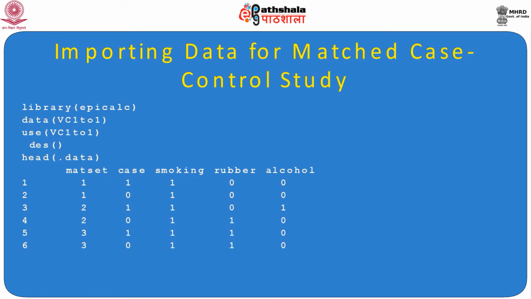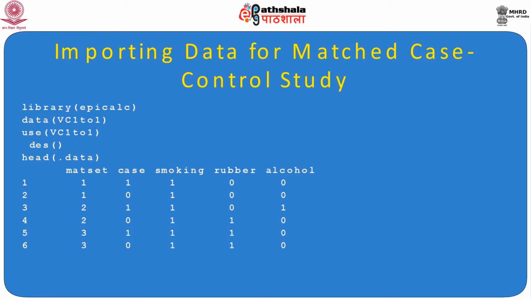So, if the rubber was there, it is given as 1, and if it is not there, then it is given as 0, and if they were alcohol takers, then it is given as 1, otherwise 0. So now this is the data set, and the matching variable can be defined as the first column, that is matchset.